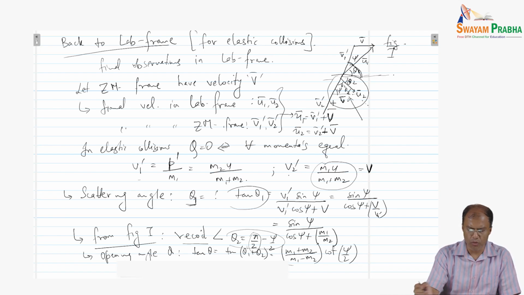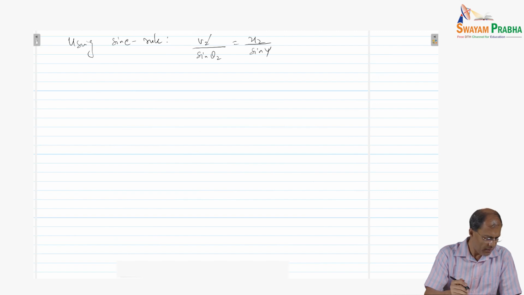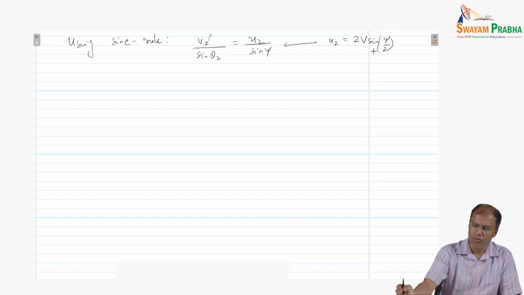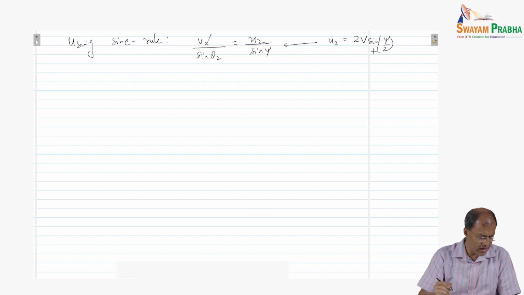We have used the sine rule. So v2 prime by sine theta 2 is equal to u2 by sine psi, and from here I see that u2 is 2v sine psi by 2, right? So 2v sine psi by 2.